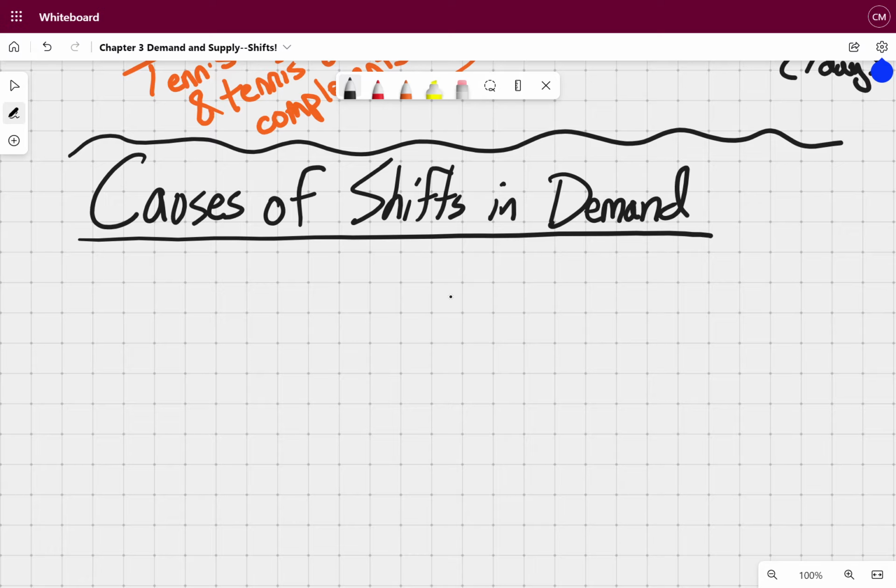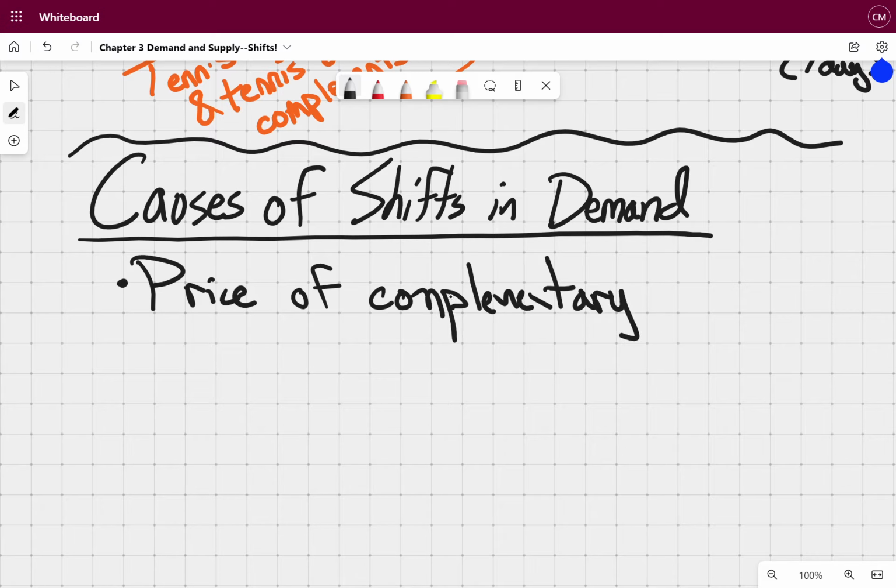So we just saw one of them, right? The price of complementary goods. So tennis courts, tennis balls, hot dog buns, shrimp cocktail sauce.